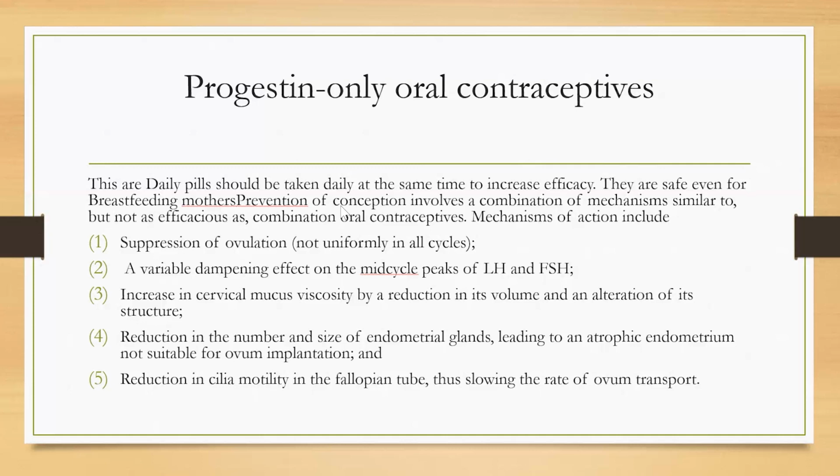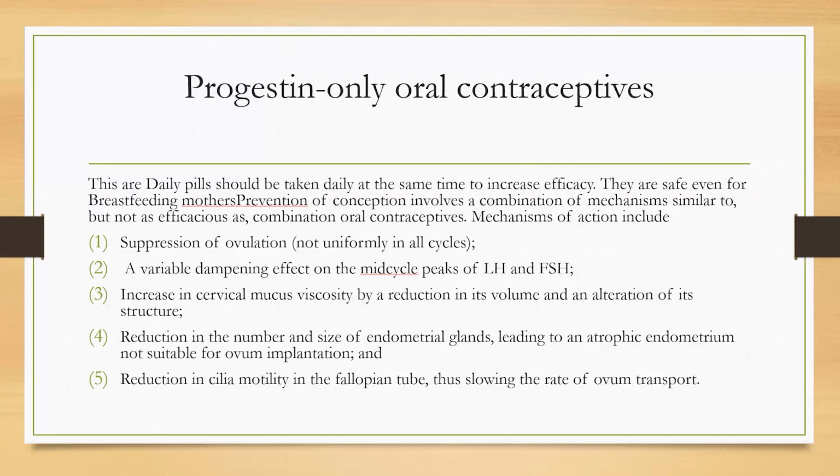It also reduces ciliary motility in the fallopian tube, thus slowing the rate of ovum transport. The effect on the structure of the mucus also affects the sperm that will reach the cervix, making it slower to reach the fallopian tube, thus making it non-viable for ovum fertilization.